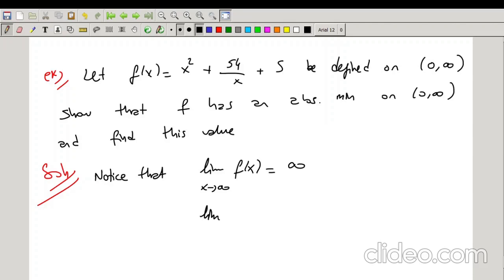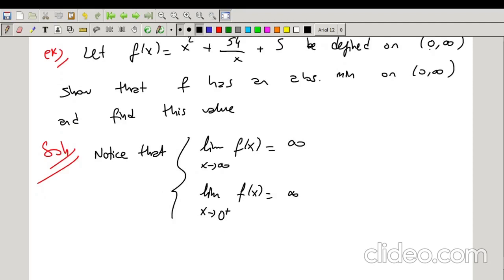And let me calculate the limit as x goes to 0, because we have to check these points, a and b: 0 is a, infinity is b. Then we have f of x, again, first term 0, second one is infinity, third one constant, so we have again infinity. And what do we say?